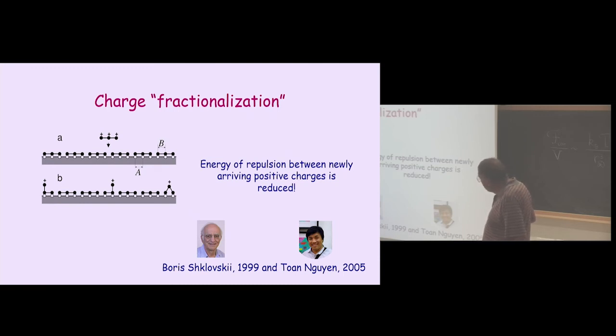Then of course, these 3 charges are unhappy. So there is no magic. There were 3 charges in excess, and there are still 3 charges in excess here. But they were very close. The 3 charges in excess were very close to one another. They were repelling strongly. There was very high energy, and now these 3 charges are much further apart.